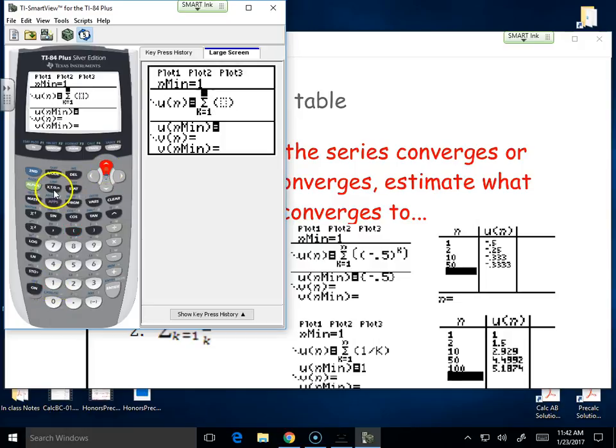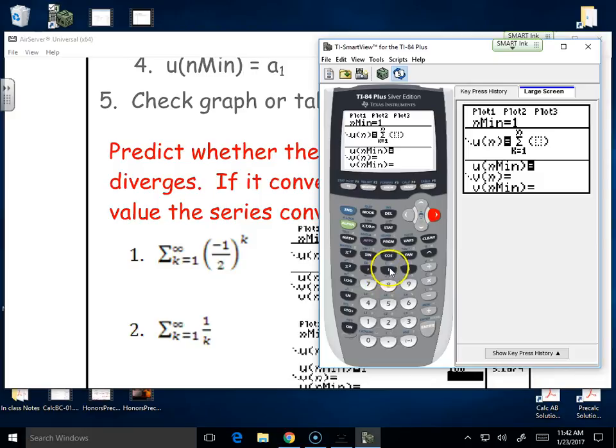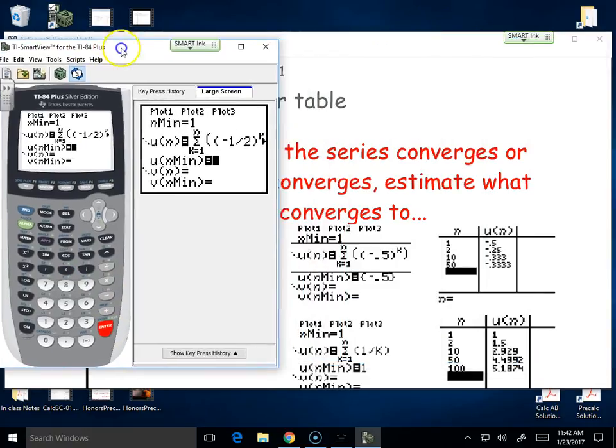And then our upper variable is n, that's our actual variable button. And then we're plugging in our actual sequence, which is negative 1 over 2. You could use the alpha, but whatever. All raised to the k. Remember, not the n, but the k. And then we got it.